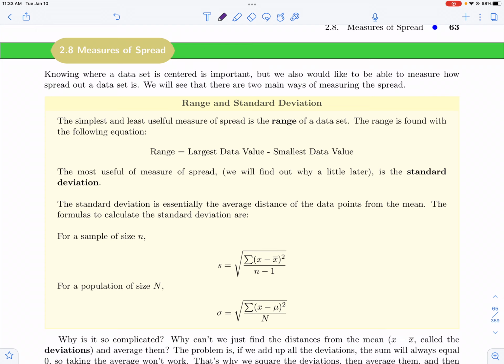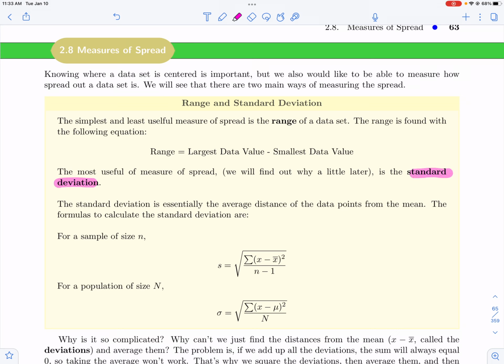That's what's called our range, which is the easiest measure of spread to find. Not always the most useful, because it's really just going to give you a number that lets you know how many numbers there are between the highest and lowest score. The one that's going to be the most useful for us is the standard deviation.